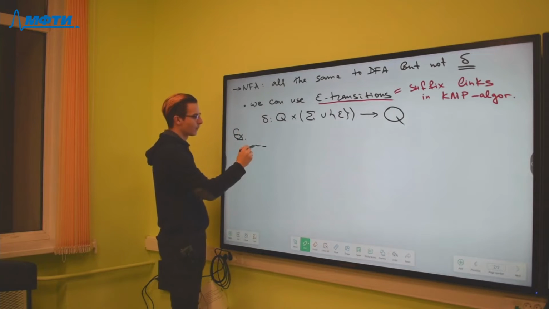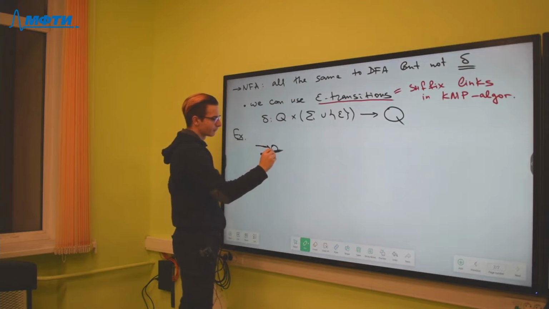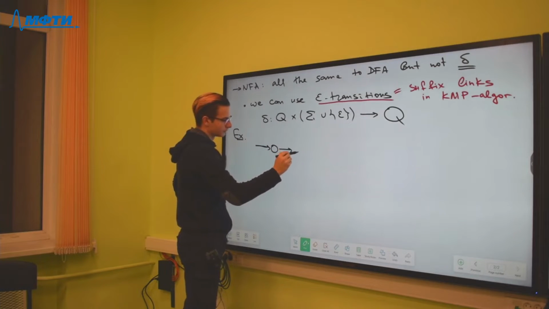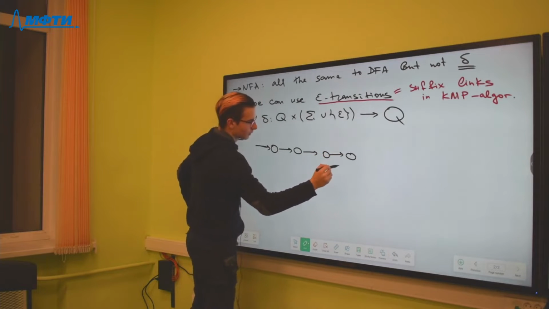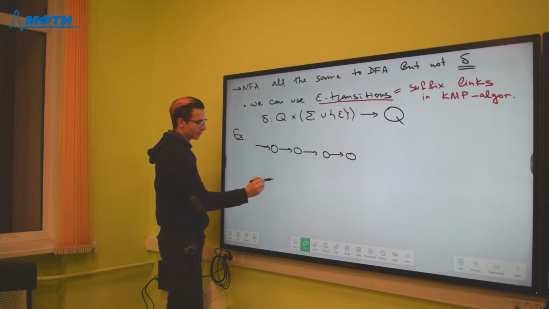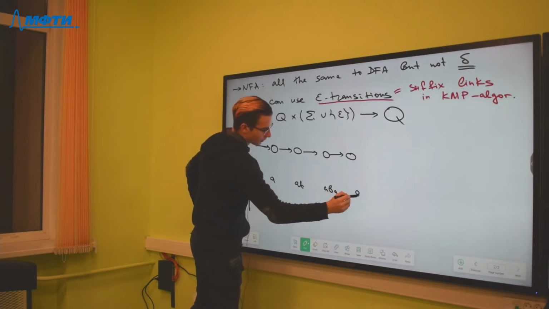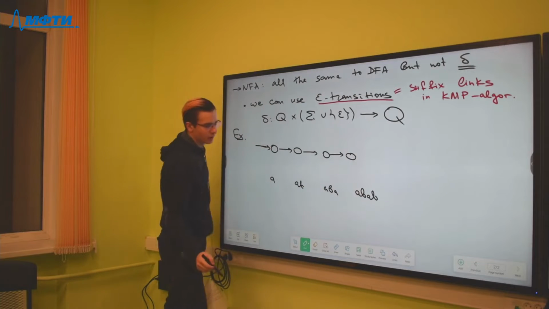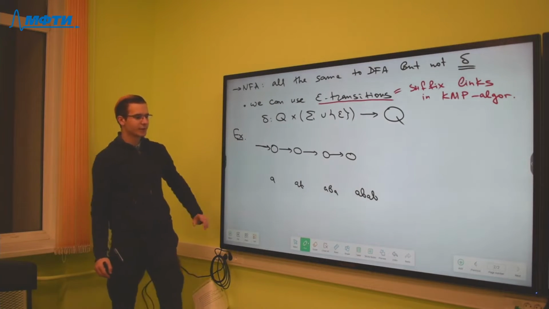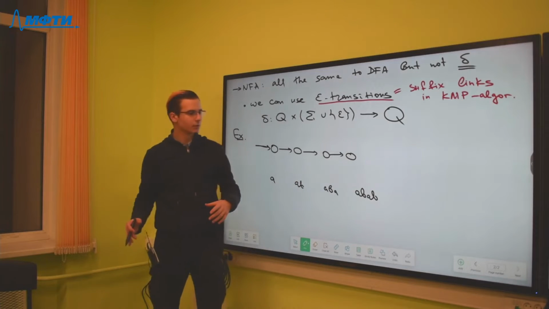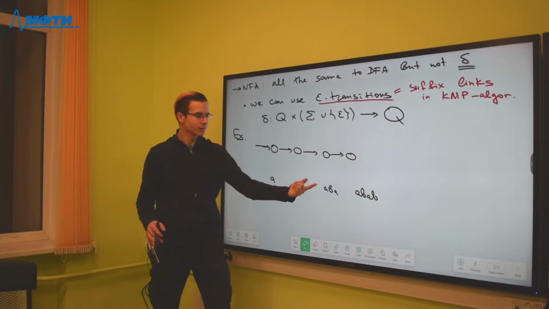For example, if we have AB, and we want to find the substrings of the input line equal to this word.